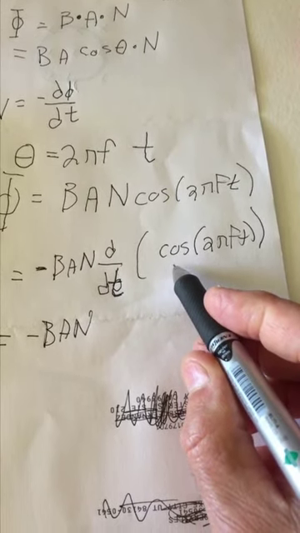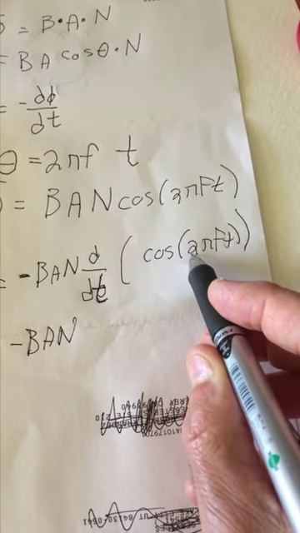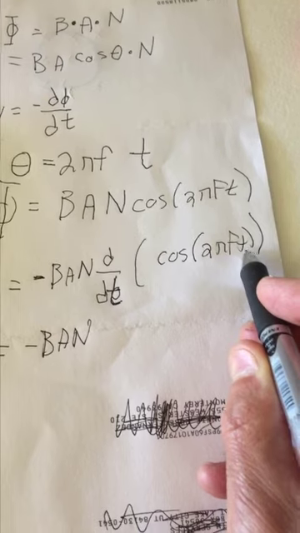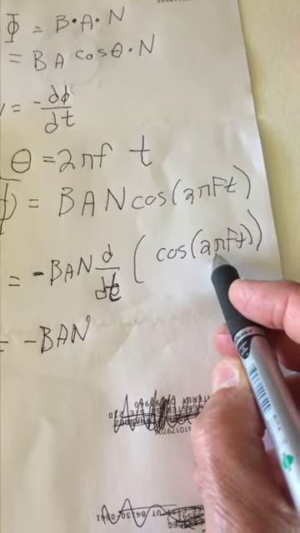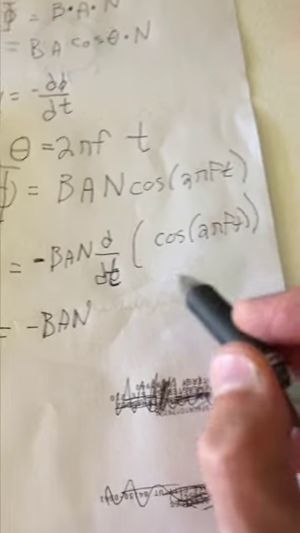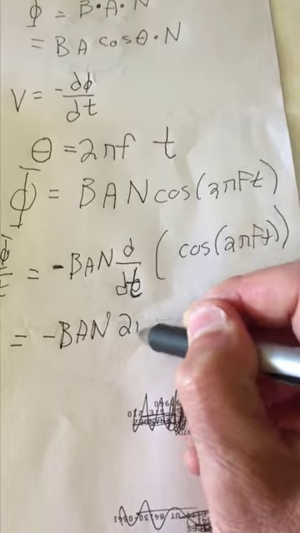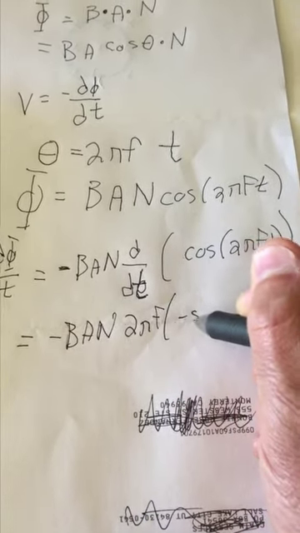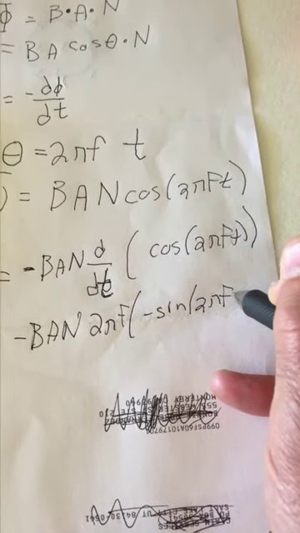Well, the first derivative with respect to time of the cosine is the negative sine. But the chain rule says that then I have to take the derivative of whatever's in the argument of the cosine function. If it's 2 pi ft, the first derivative of that with respect to time is 2 pi f. So what I'm going to get out here then is a 2 pi f, and I'm going to get a negative sine of 2 pi ft.